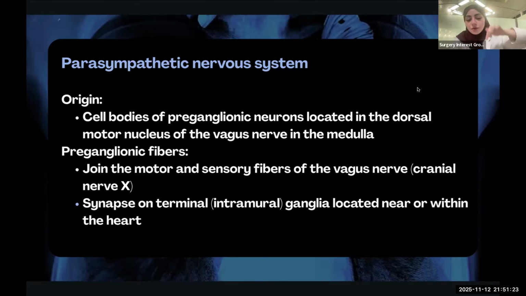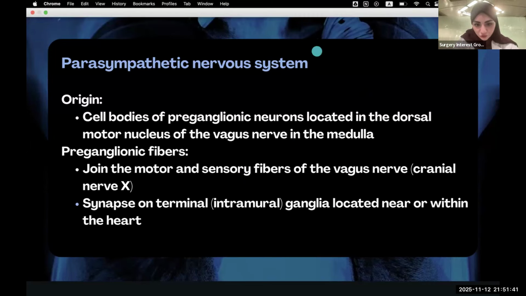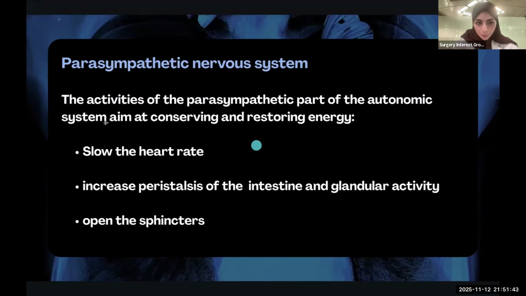It's going to travel all the way, and then it's going to go to a ganglion that's close or inside the heart, known as the terminal ganglion. Okay? Terminal, recall, end means end. So terminal ganglion, okay? Make sense? Inshallah it does, okay. Now, it's a very simple pathway compared to the pathway of the sympathetic nervous system.